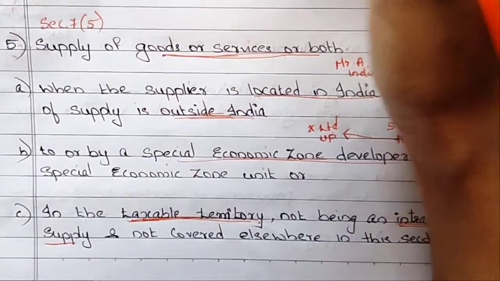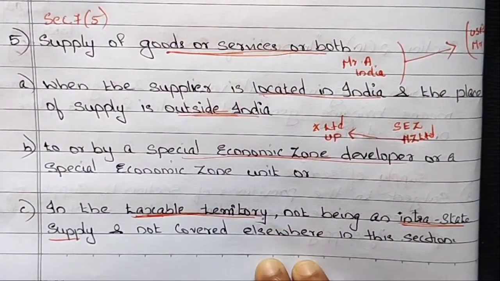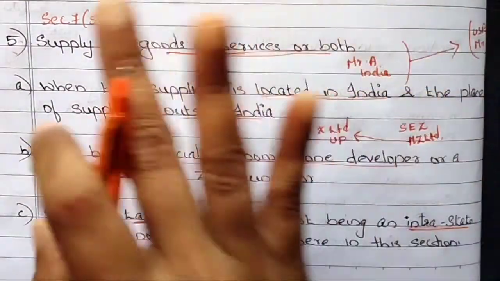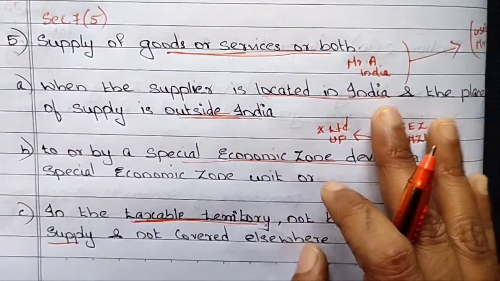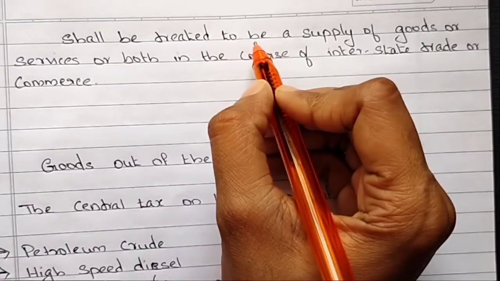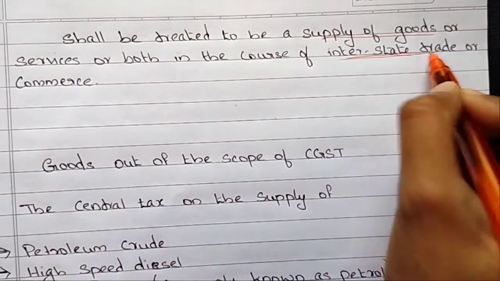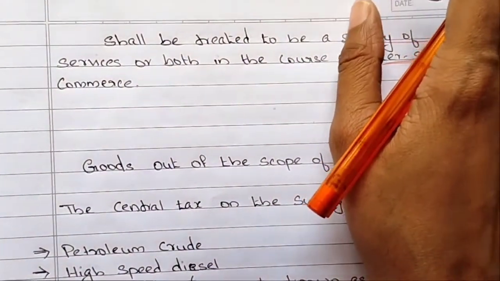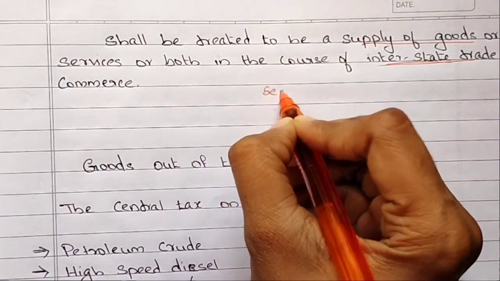So till now we haven't included that in interstate also. It is not an intrastate supply but it is not included till now in the interstate also. And such items are also treated as supply of goods or service or both in the course of interstate trade or commerce. So till now we have discussed section 7 of the IGST Act.